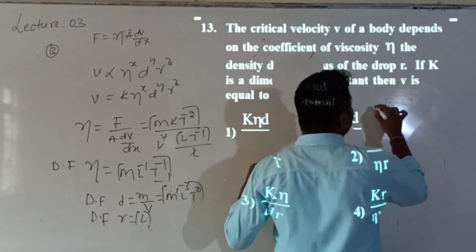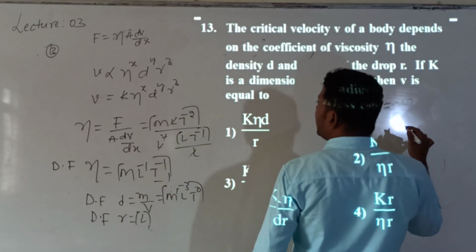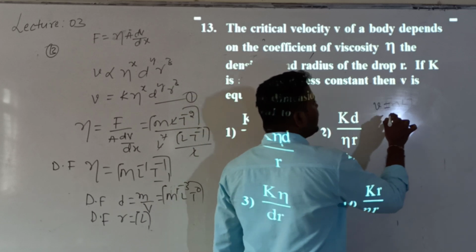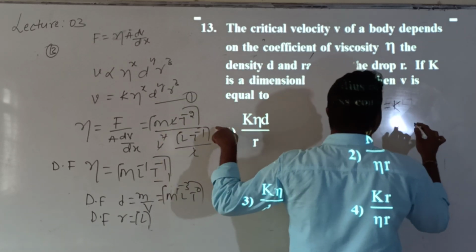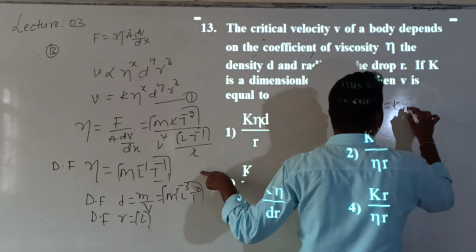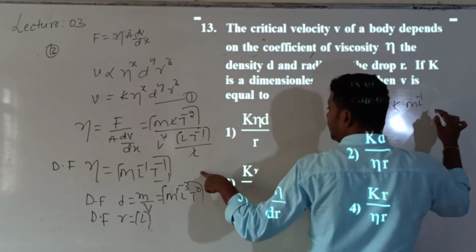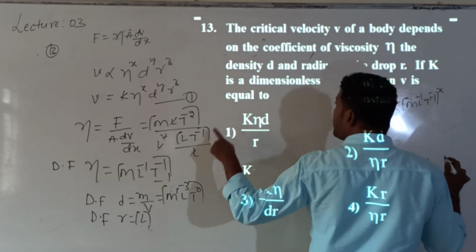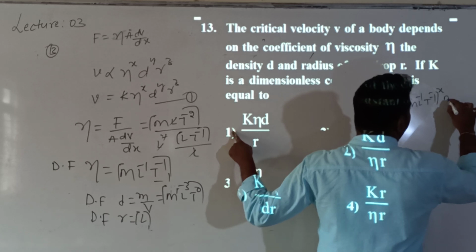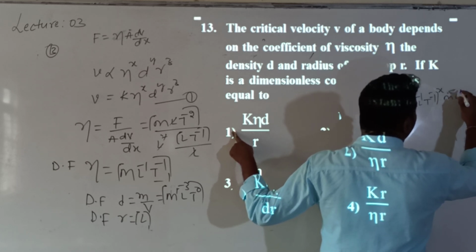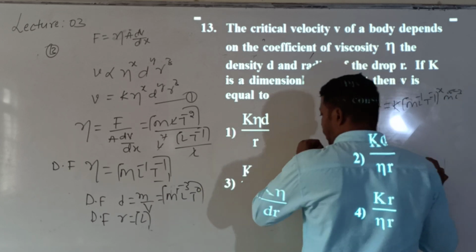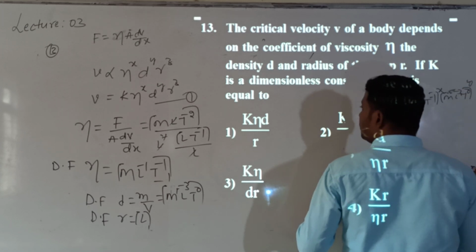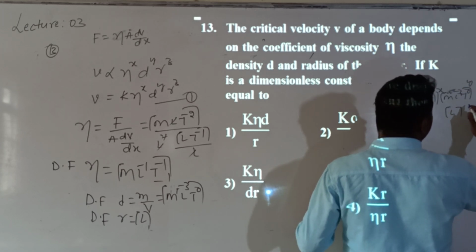Now substituting the values, what will I get? V is equal to k into eta^x into d^y into r^z, so call it equation 1. Eta dimensional formula is (M L^-1 T^-1) whole power x, into d, that is (M^0 M L^-3 T^0) whole power y, into L whole power z.